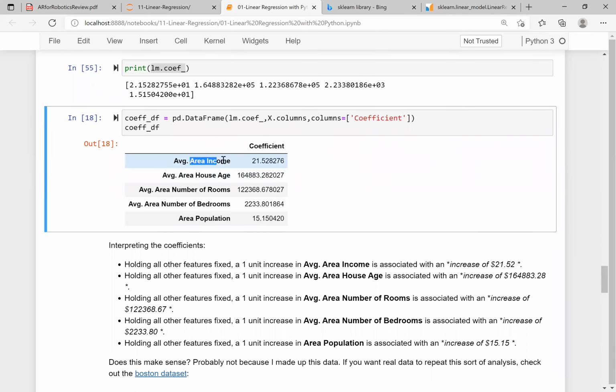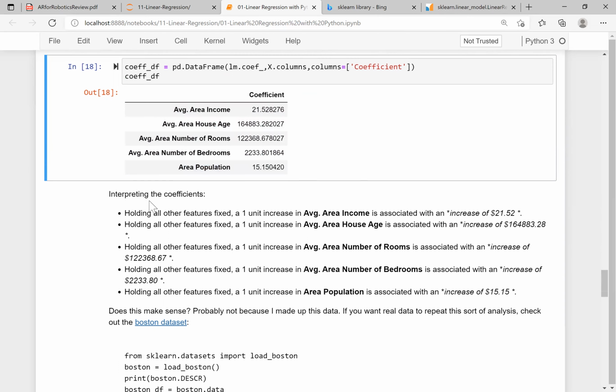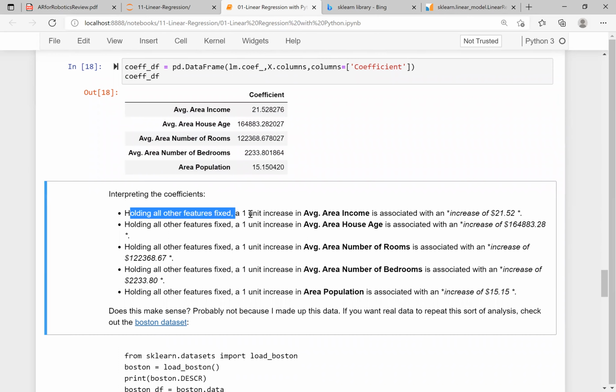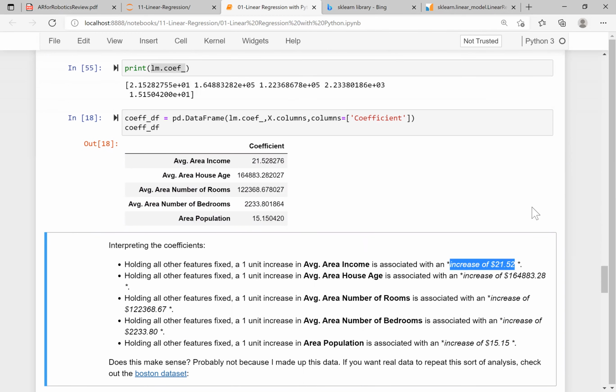Just to print this in a good way, right? So now these are the coefficients corresponding to all these parameters, with respect to price. Now what do they mean? Holding all other values fixed, a 1 unit increase in area income is associated with an increase of $21.25. So basically, if the area income increases by even $1, my price of the house goes up by about $21.